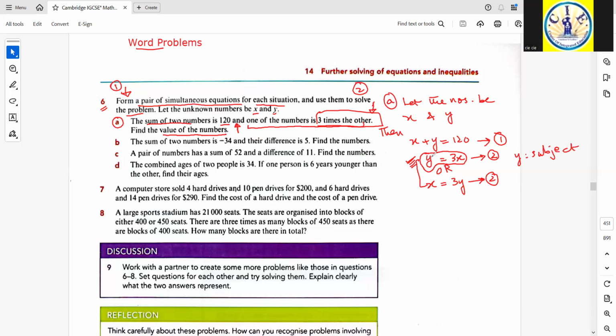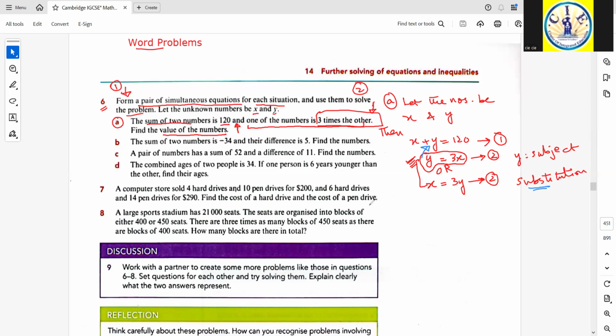In this type of question, the substitution method is more appropriate. So let me solve these equations by the substitution method. I'm going to substitute or replace the value of variable y in the other equation.